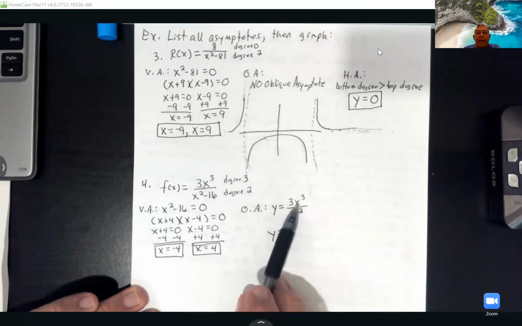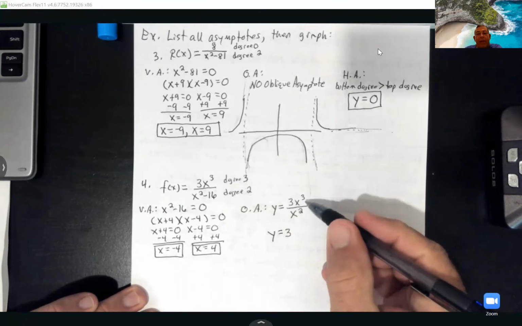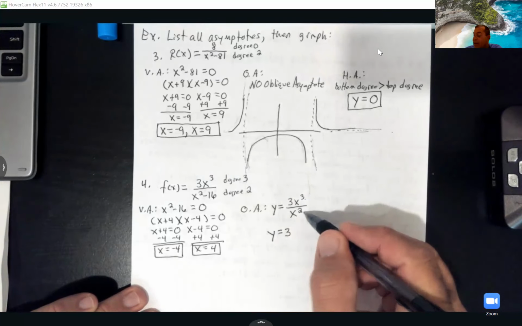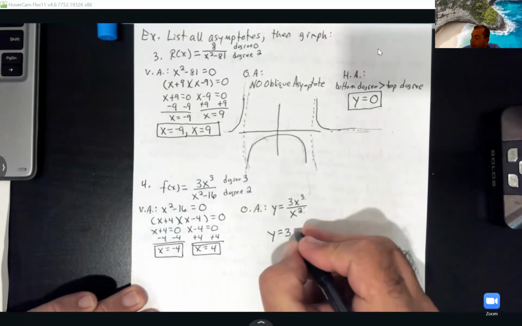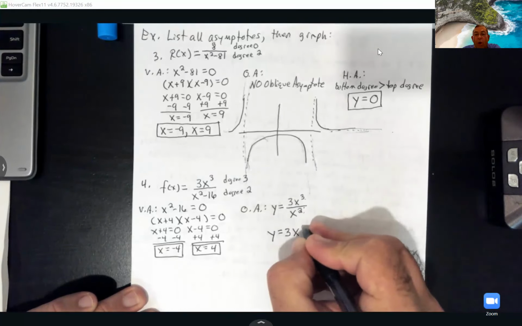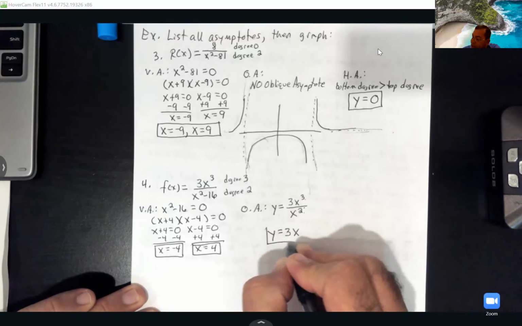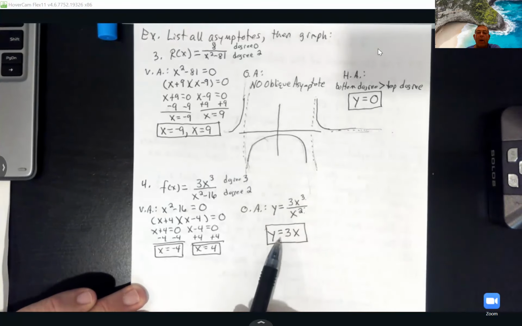So I've got 3x to the third over x squared. The 3 is coming down, and x to the third divided by x to the second, 3 minus 2, you're subtracting exponents, that's going to leave you 1x. So the equation of our oblique asymptote will be y equals 3x.